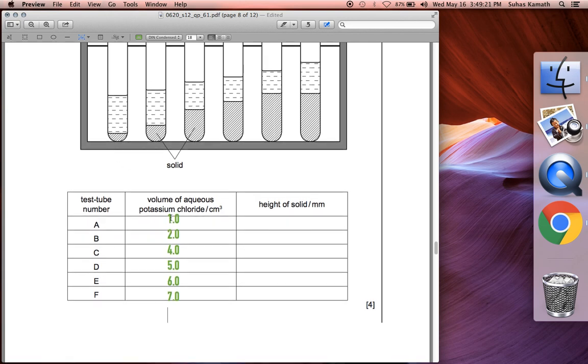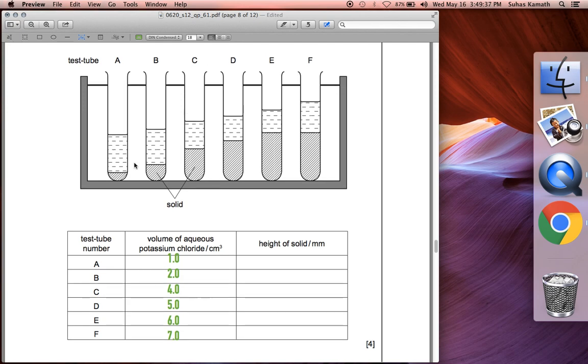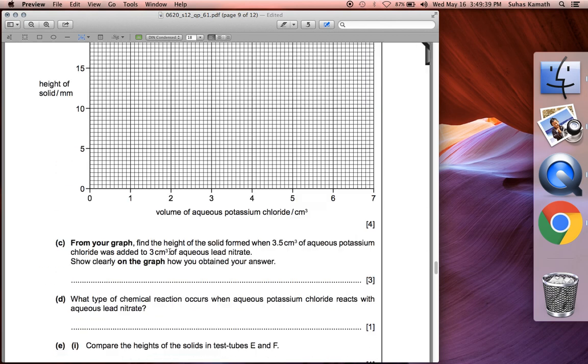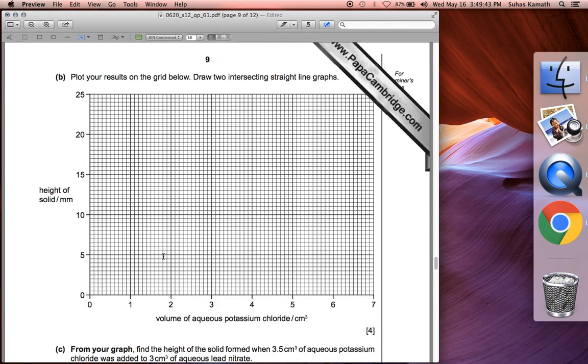So, height of solid. Since I'm doing it on a computer, this is at a scale, but I'll try to measure. It'll be at the scale, never the real size. So you guys measure it. I can't. So this is the first time they're asking us to measure something physically.